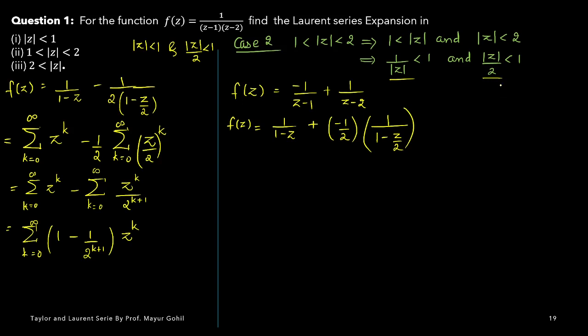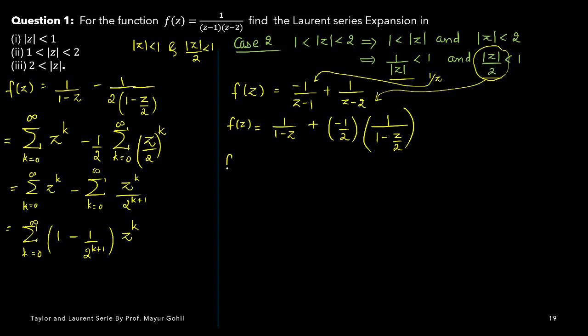What we have to do is establish this portion over here. 1 upon mod z is here, so without modulus it will look like 1 upon z. That I have to establish in the first portion. So how can I do that?